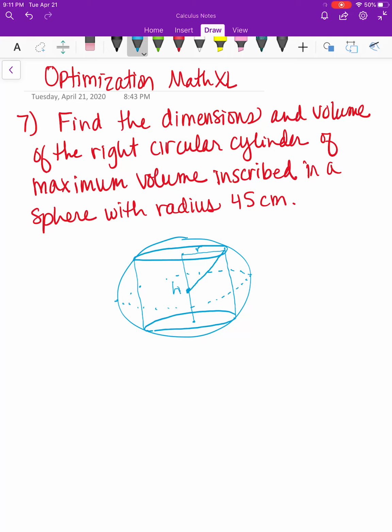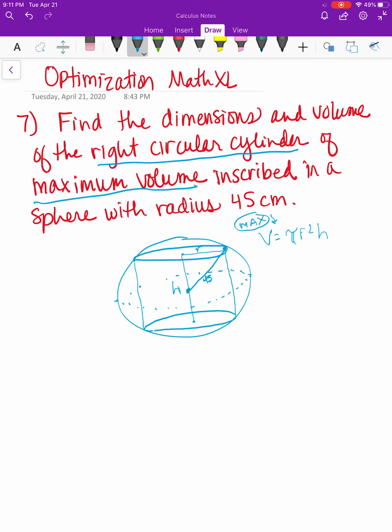Now I want you to imagine, because remember that this is a sphere, so it's three-dimensional here and coming out of the page, but right in the middle is going to be where half the height is, so that breaks that height in half. You can draw a radius to this corner of your inscribed cylinder. This is going to be the radius of your sphere, 45 centimeters.